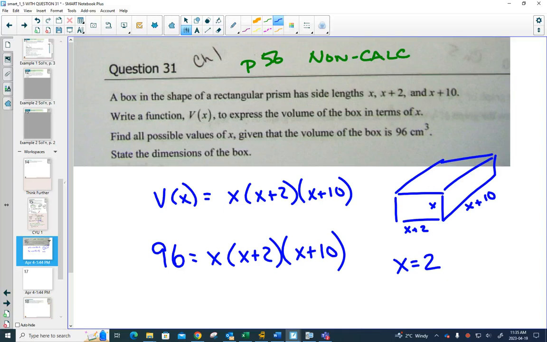Teachers would argue, well, it was non-calculator, guessing and checking seemed to work very well. Shouldn't that be fine? But they argued that, well, how did they know that that was the only answer, that there weren't any other answers?